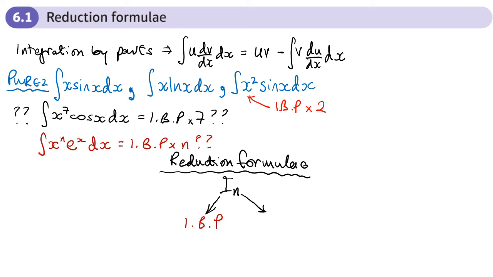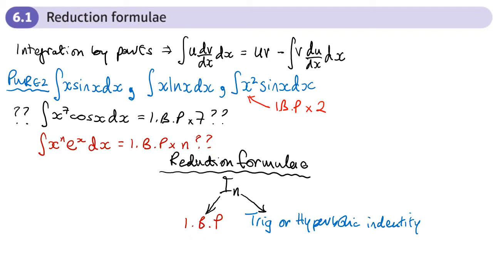There may be other cases where we need to use some sort of trig or hyperbolic identity, and that's going to be the route that we take. So either integration by parts or trig or hyperbolic identity, it all depends on the question.